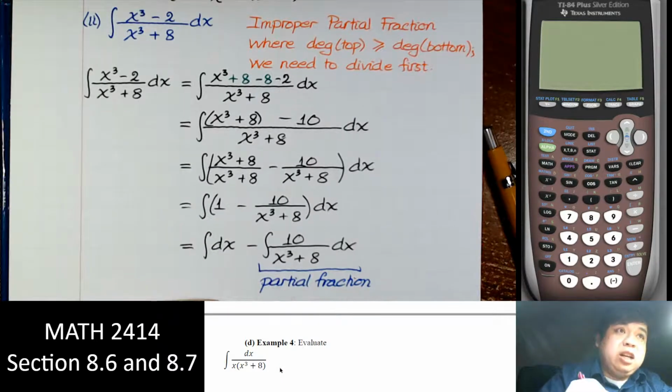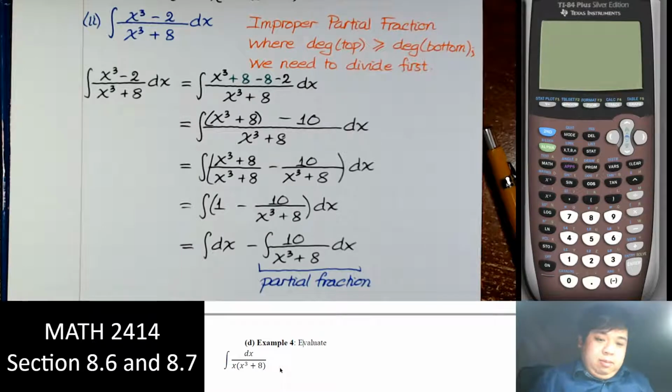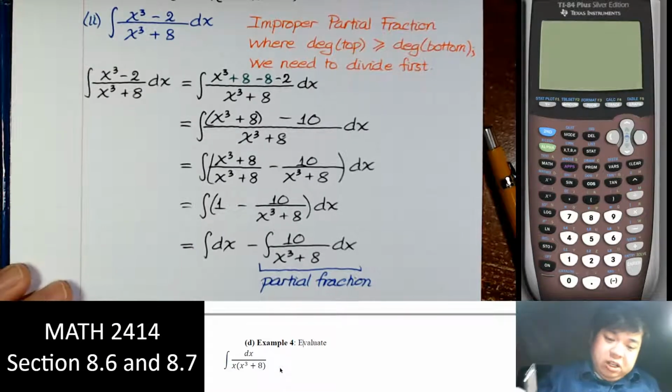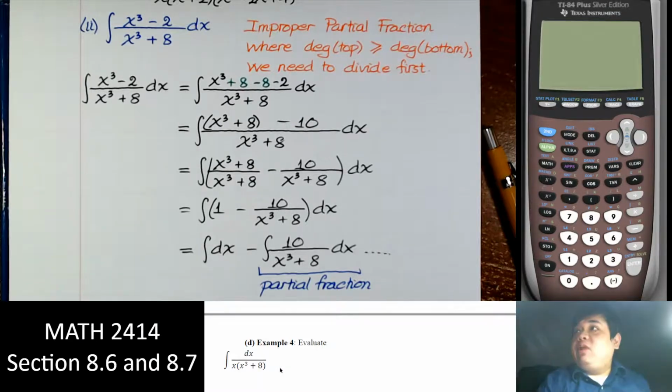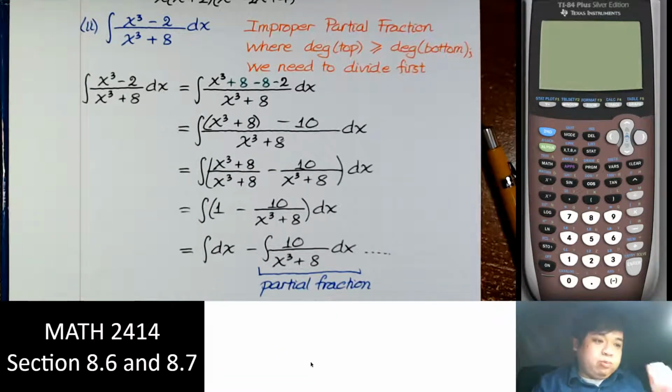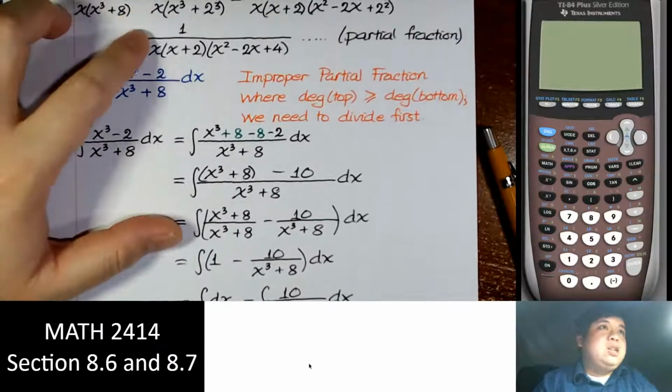That's the normal partial fraction. Of course, we continue from here. Partial fraction, like I said, is a bit tedious, but not that difficult. So that's what I want to do instead of completing this problem.